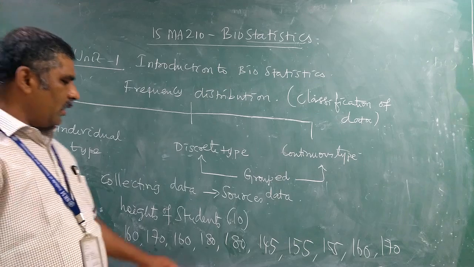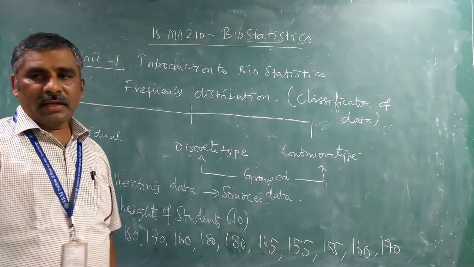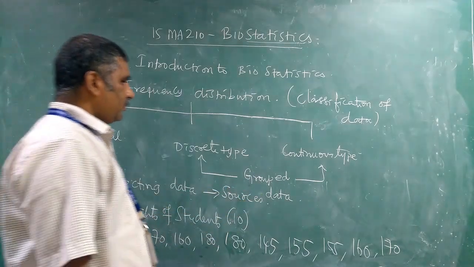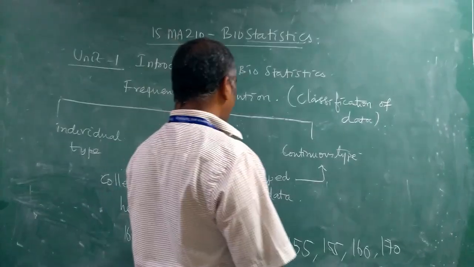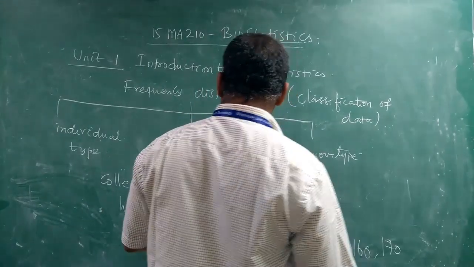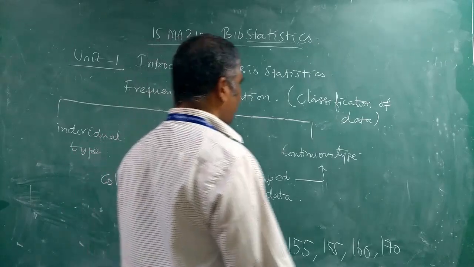Then the same data we can convert into grouped data. How to convert it? See, the discrete type data and the continuous type data. First we will convert this data into discrete type data.